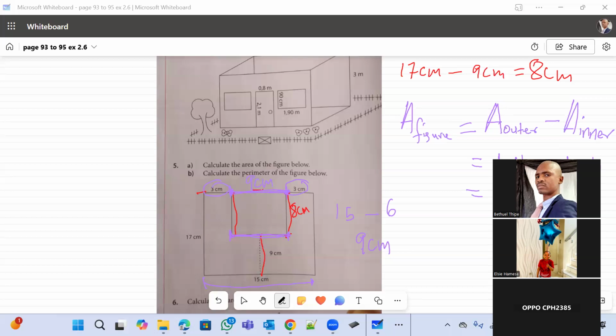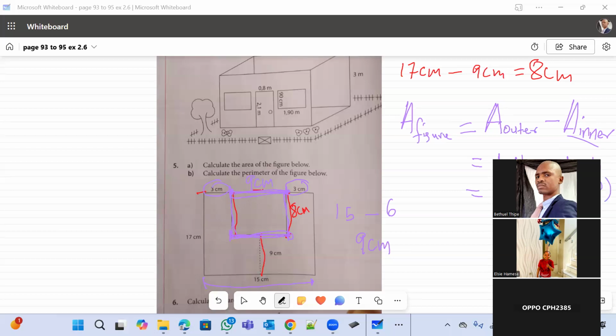Multiply by 15, then subtract. The inner that I'm talking about is the shape that I was trying to get its dimensions. This one here, the one that is 9 times 8.